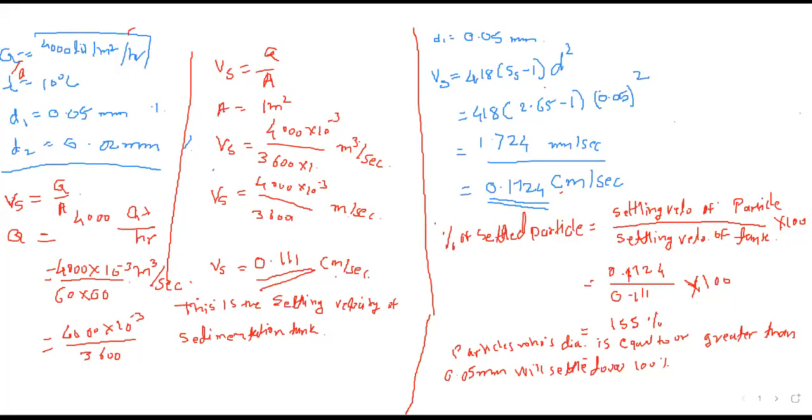Now you can calculate in the same way for another particle size. What is the diameter of the other particle? It is d2 equal to 0.02 mm. For the 0.02 mm particle, first of all, you need to find out the settling velocity.